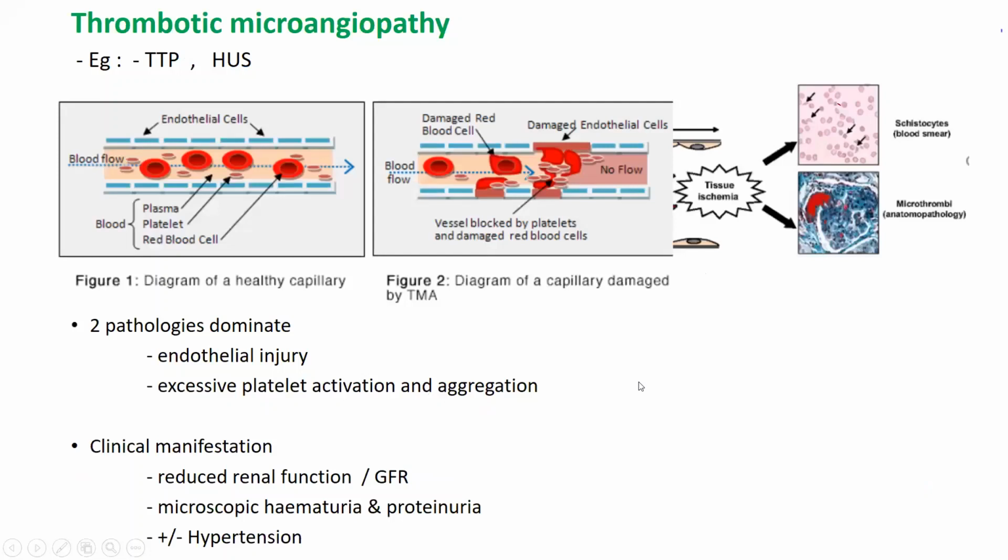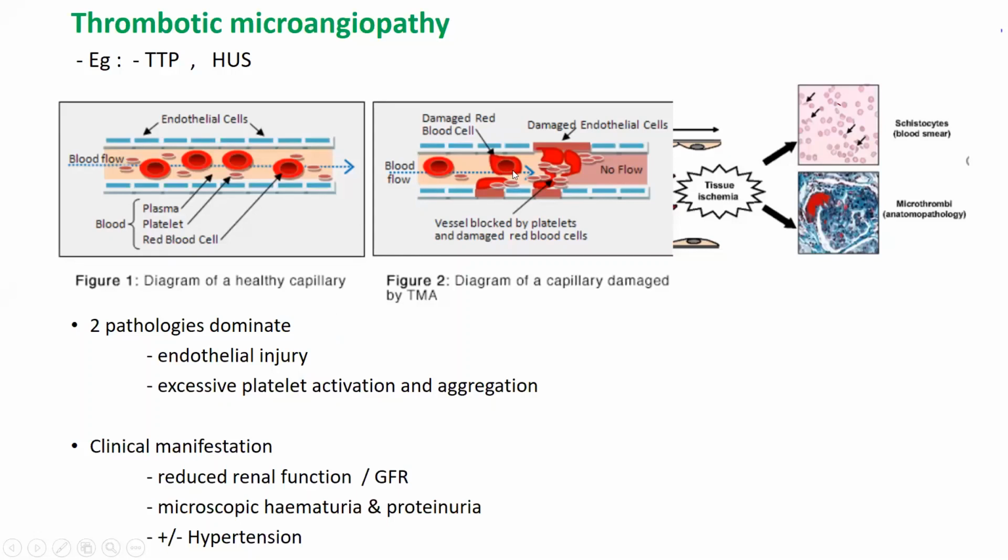Now, this is what I mean by thrombotic microangiopathy. Commonly known thrombotic microangiopathy conditions are, for example, your TTP, thrombotic thrombocytopenic purpura, and hemolytic uremic syndrome. These are two common conditions. And here the pathology is, you have the blood vessels, and whatever the cause could be, an infection or a toxin, those go and damage the endothelium of the blood vessels and the capillaries, thereby activating platelet aggregation and clotting within the blood vessels.